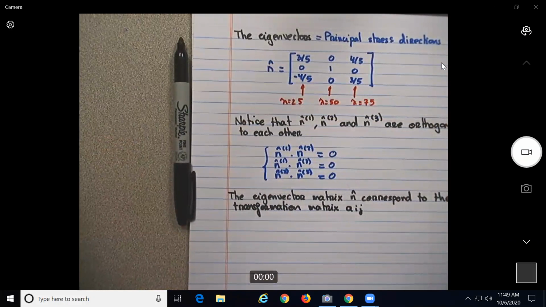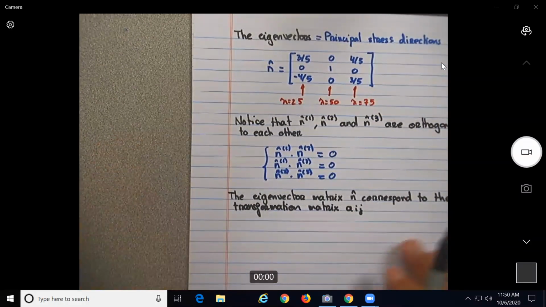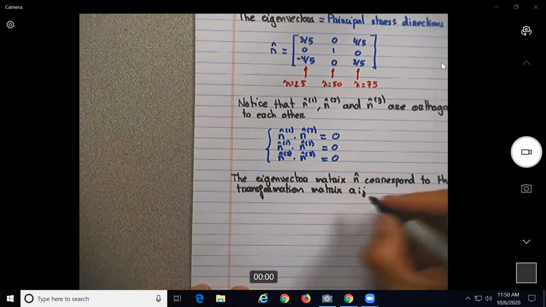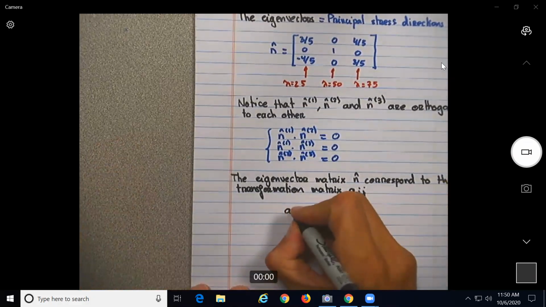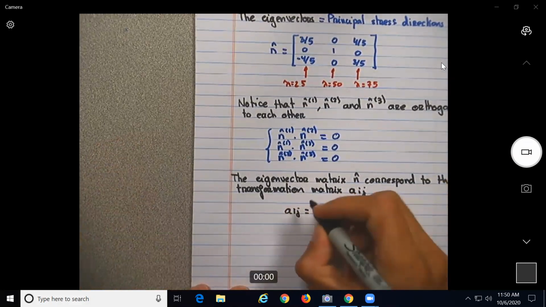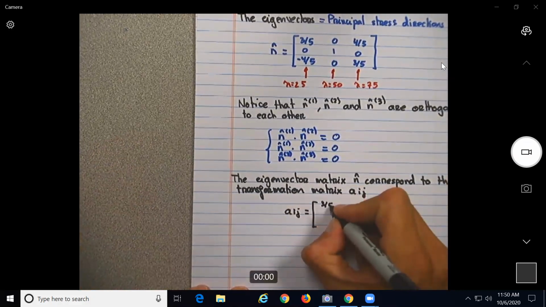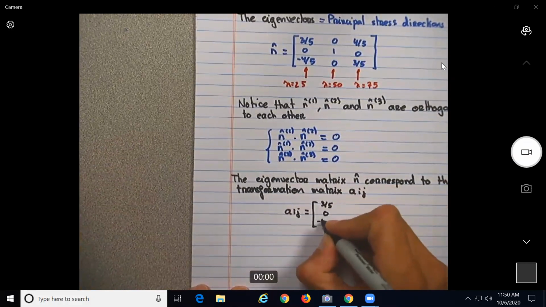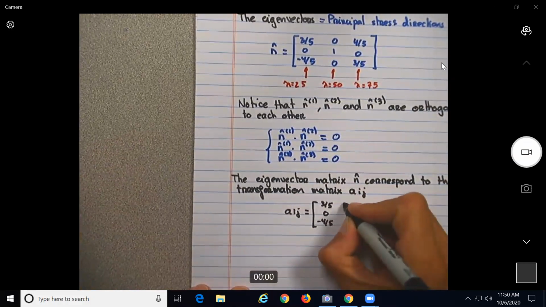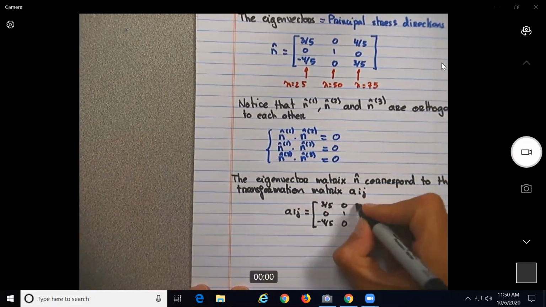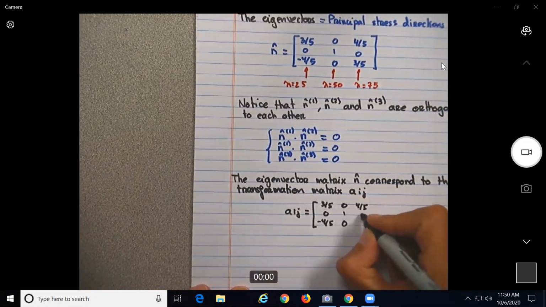What we need to do for the principal stresses is to solve the eigenvalue, eigenvector problem. Okay? All right. So in that case, Aij would just be the same matrix. I'm just going to copy the top: (3/5, 0, -4/5), (0, 1, 0), (4/5, 0, 3/5).